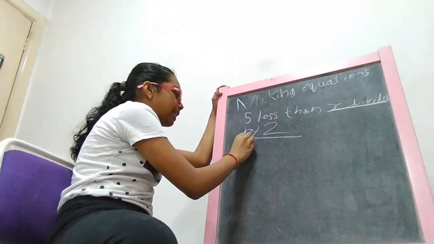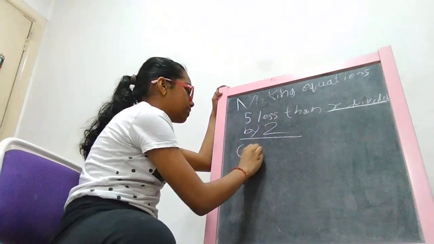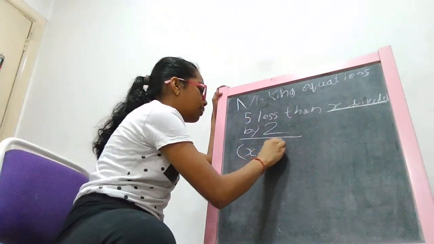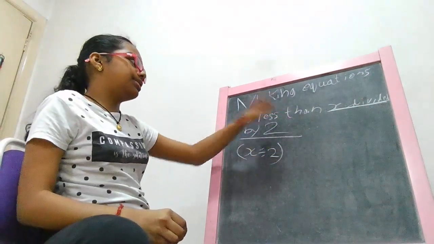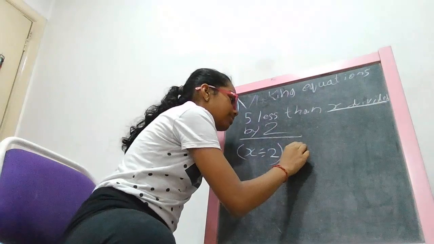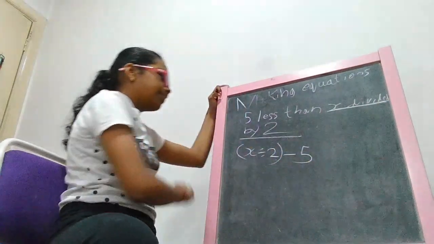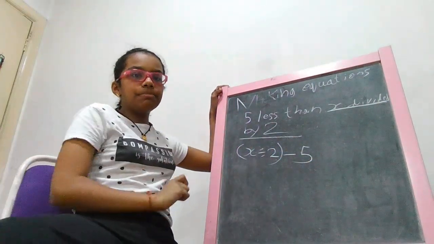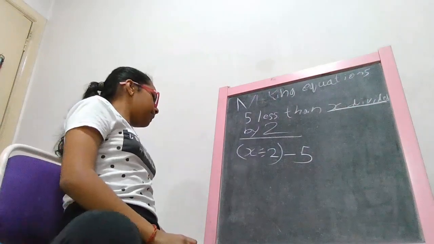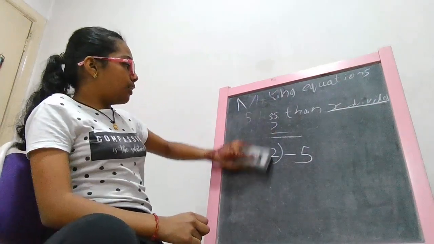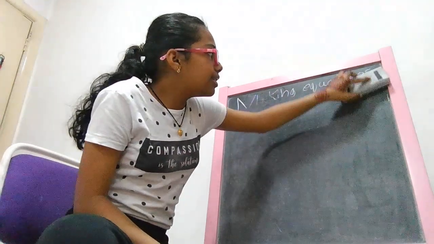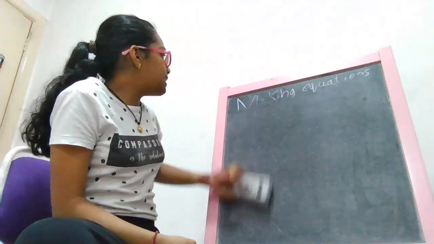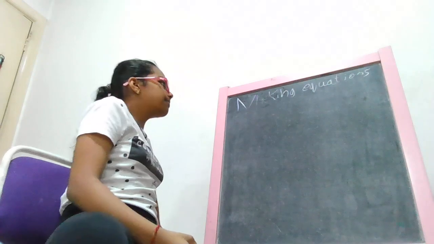So first we'll write this like this. X divided by 2. And then we'll write 5 less, right? Minus 5. That was simple. Now I'm going to give a few more. Now remember, there will be no brackets in these questions. Okay? So I want you to solve them as it sounds.